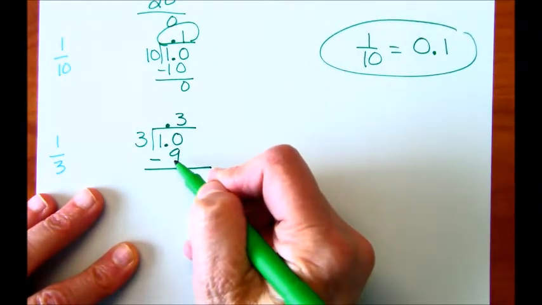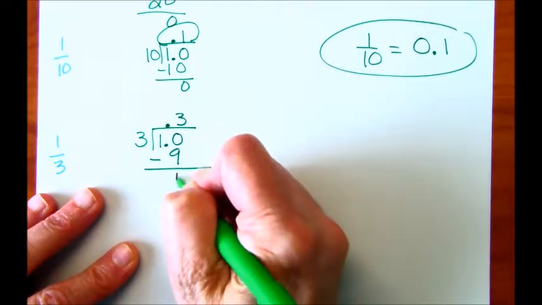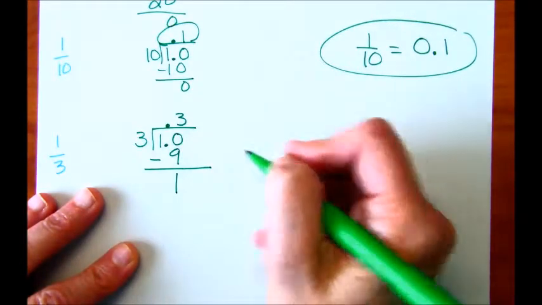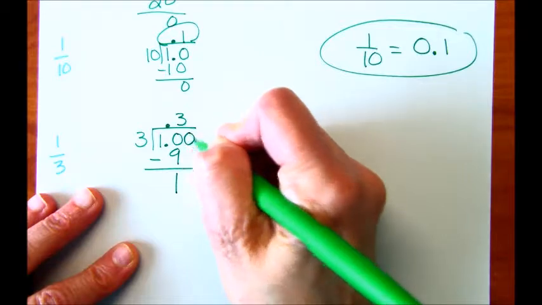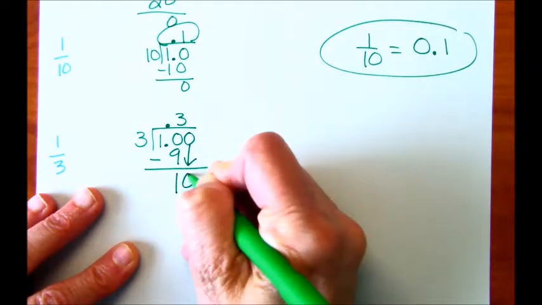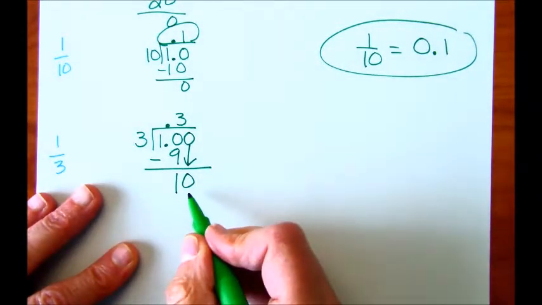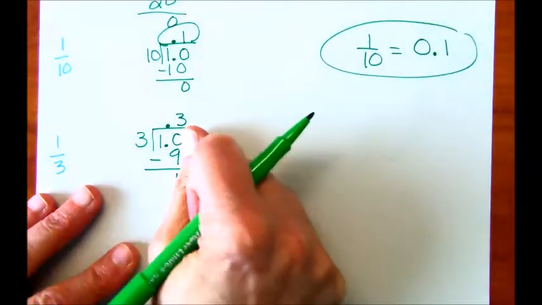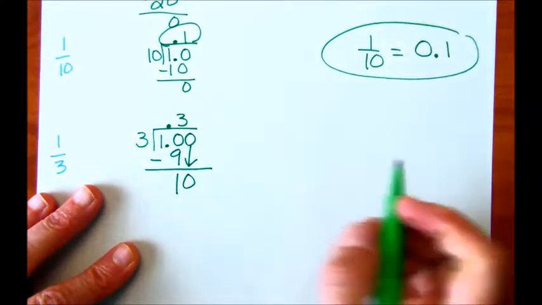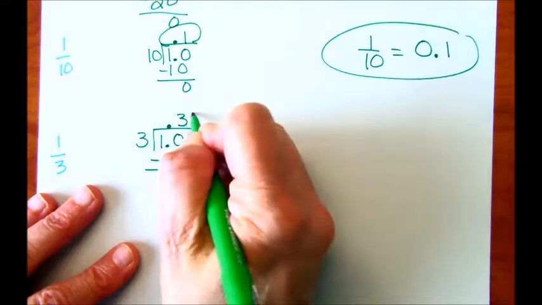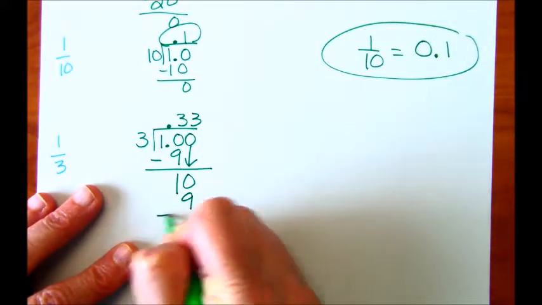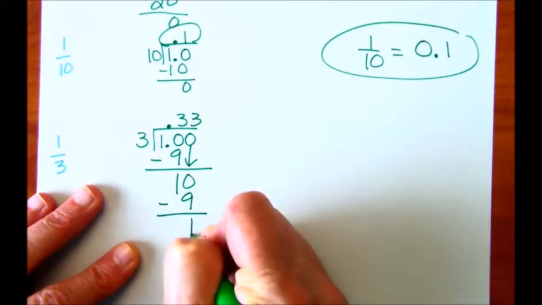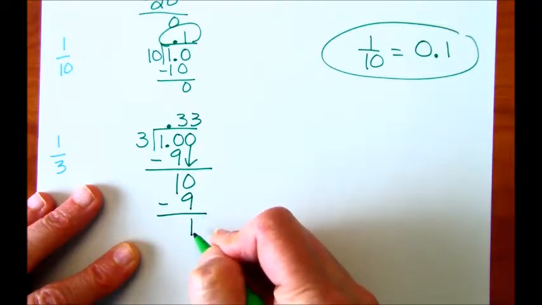When I take away 9 from 10, I'm going to get 1 left over. I need to add a 0 and bring it down. Notice I get 10 again, and that's what I had originally. I'm going to continue to get 3's. And my remainder will continue to be a 1.